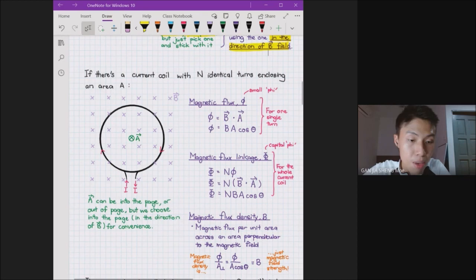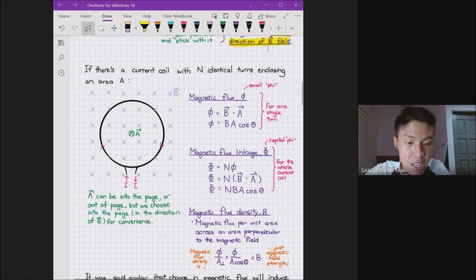So you learn that magnetic flux density is the magnetic flux per unit area, but this area has to be perpendicular to the magnetic field. So magnetic flux density is our phi, the magnetic flux, per unit area, and the area has to be perpendicular to the magnetic field. You know that the area perpendicular to the magnetic field is just A cos theta. You might think perpendicular might be sine, but remember, theta is the angle between the area vector and the magnetic field.